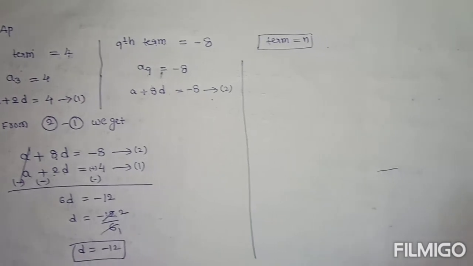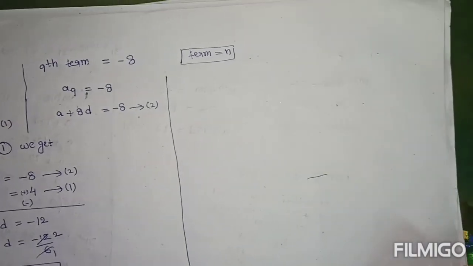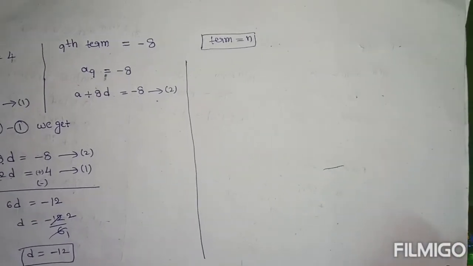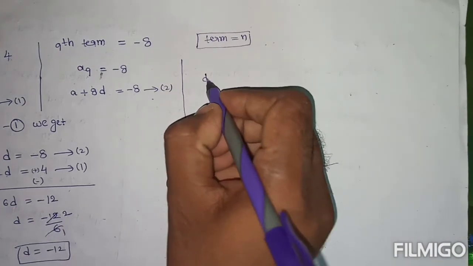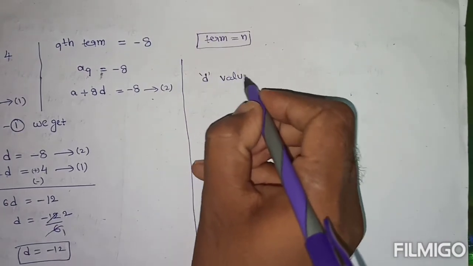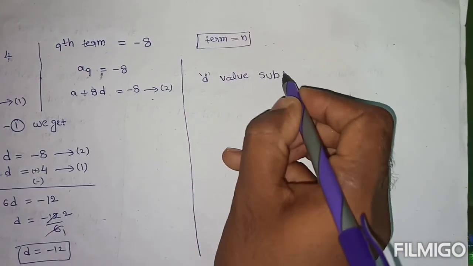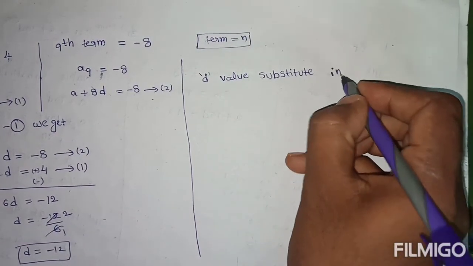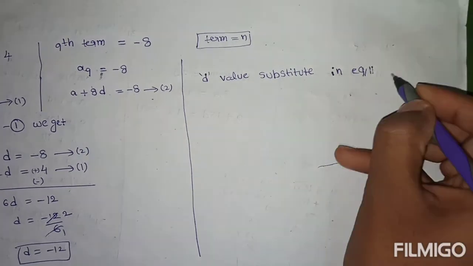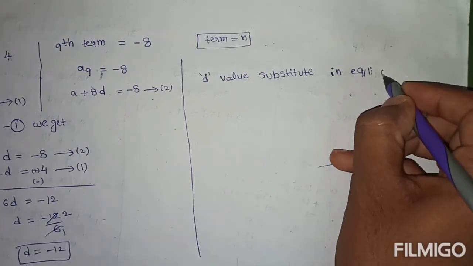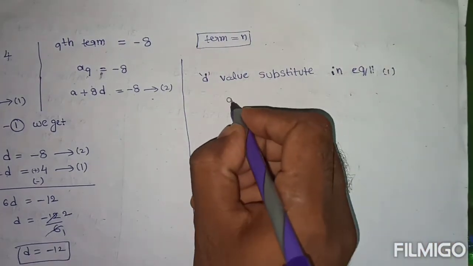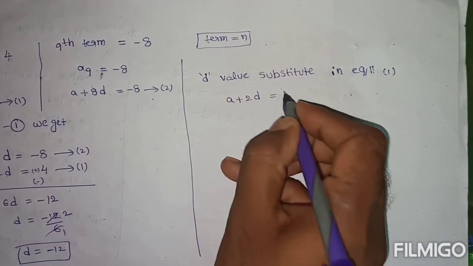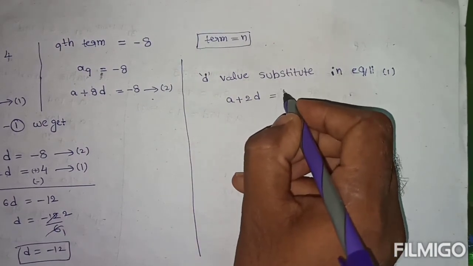Okay, next, D value substitute in equation 1. So equation 1: A plus 2D is equal to 4.